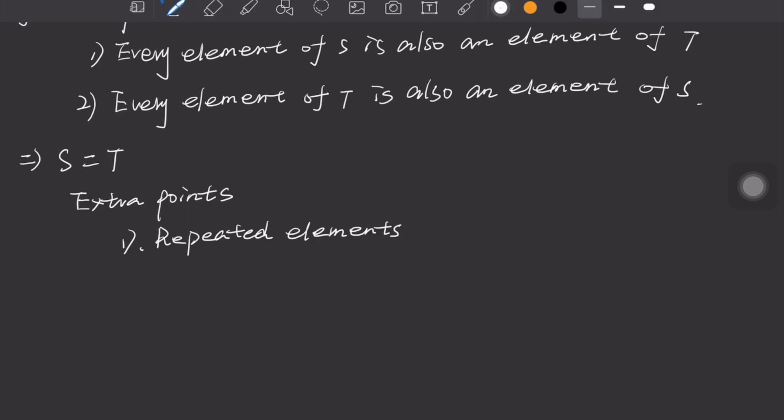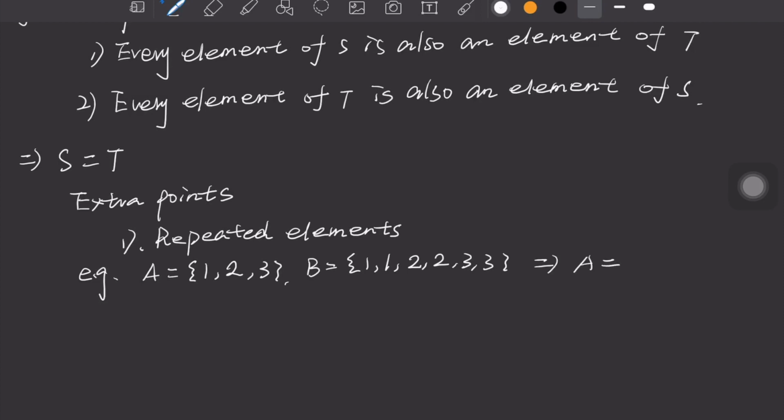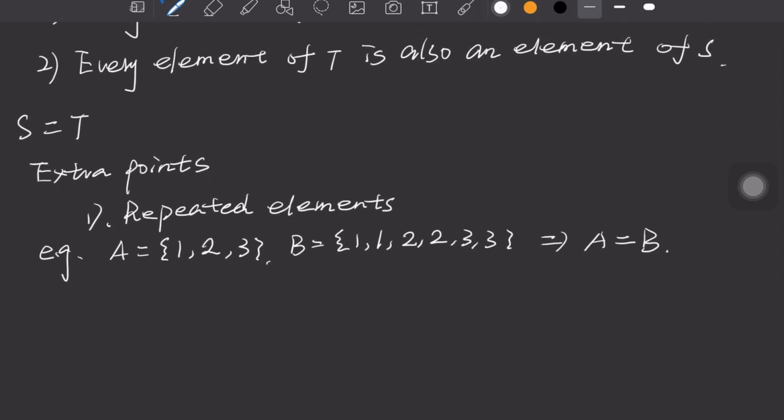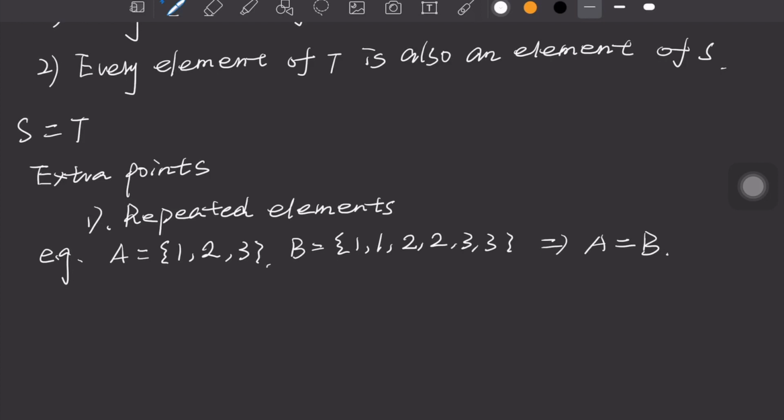For example, if we have a set A with the elements 1, 2, 3, and the set B with the elements 1, 1, 2, 2, 3, 3, then we still say set A equals set B, because we don't really care how many times 2 occurs in a set. A set is really a collection of distinct objects.